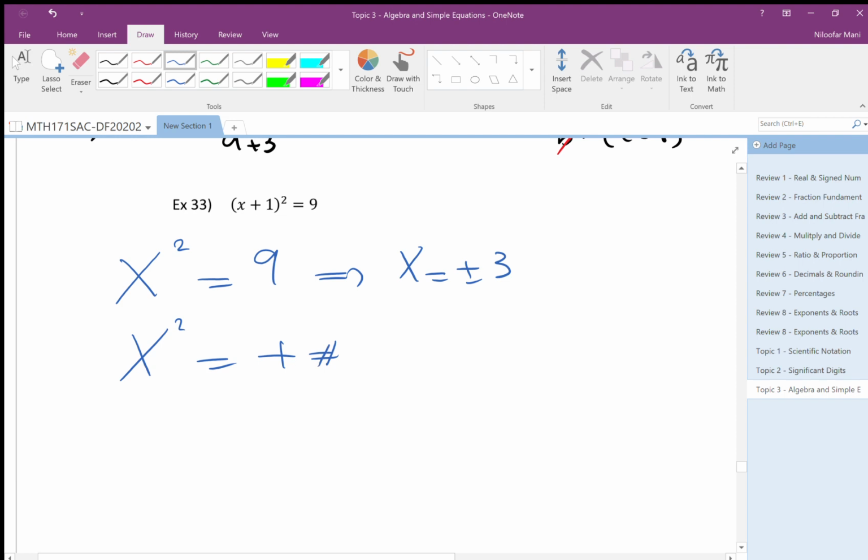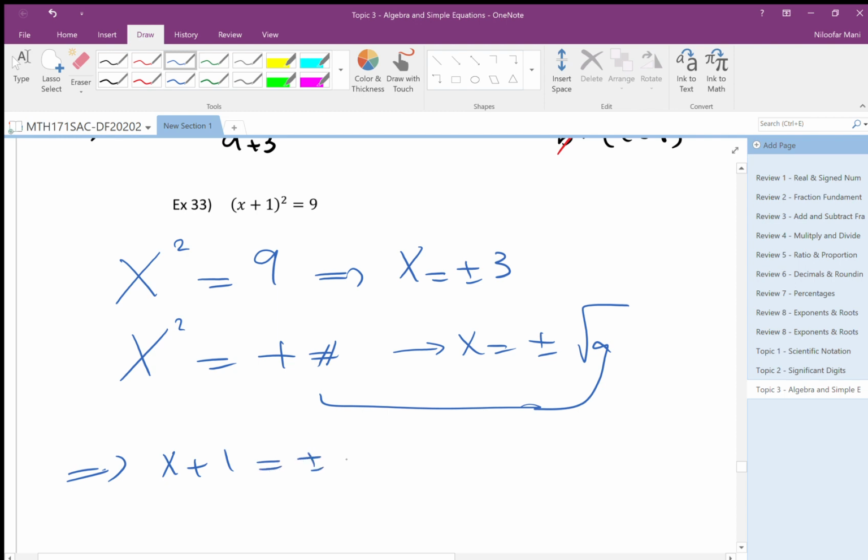X has two answers, which is radical 9, which is 3. Therefore x plus 1 is plus minus 3. So I have two: x plus 1 is this, or x plus 1 is this.